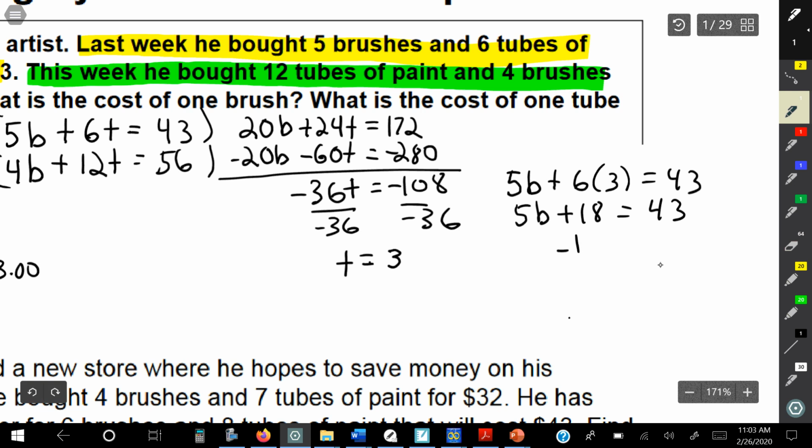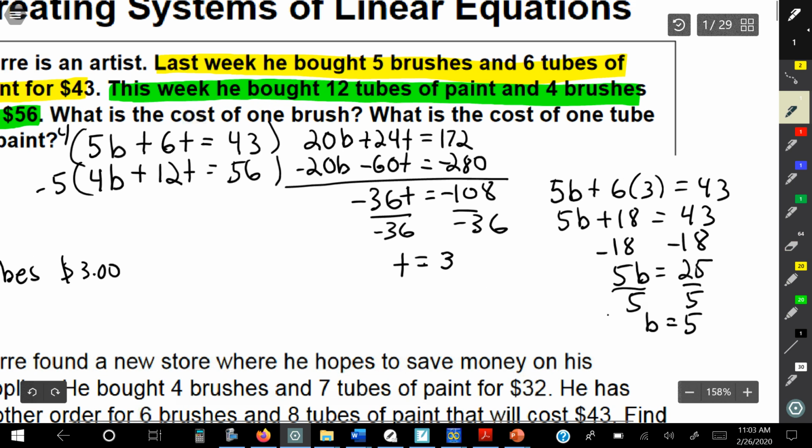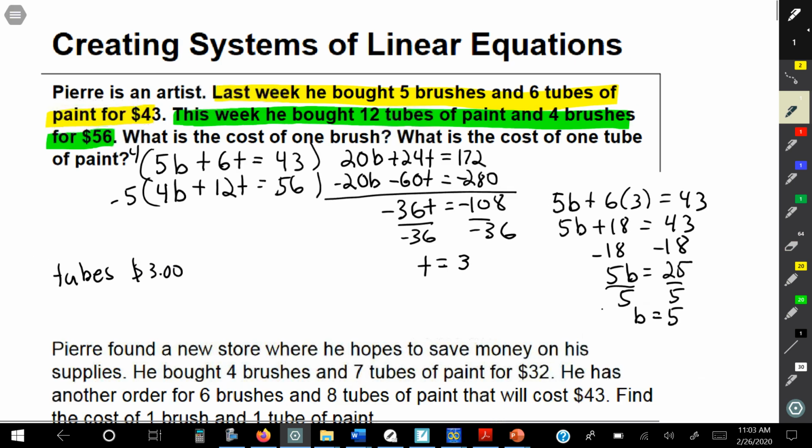And then subtract 18 on both sides. Now just divide by 5, and the brushes cost $5. So each paintbrush costs $5.